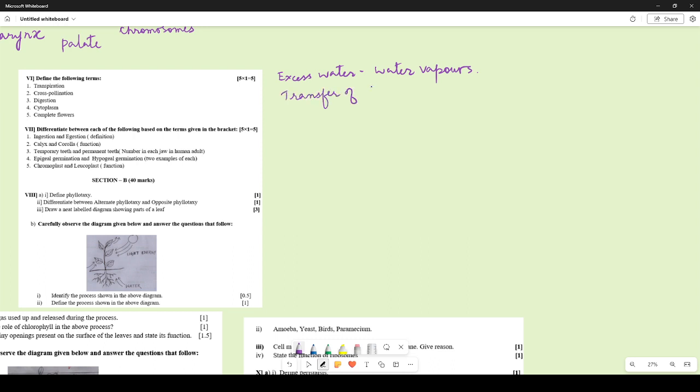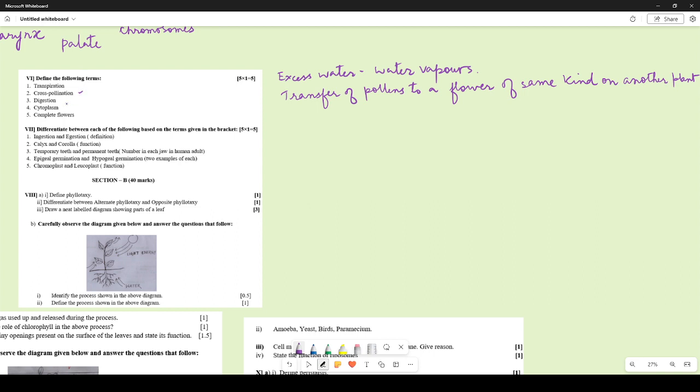It's transfer of pollens to a flower of same kind on another plant. If it is on the same plant, then it is self-pollination, not cross-pollination. So transfer of pollens to a flower of same kind. The flower must be of the same kind, but it must be on another plant. That is what you need to mention in cross-pollination.